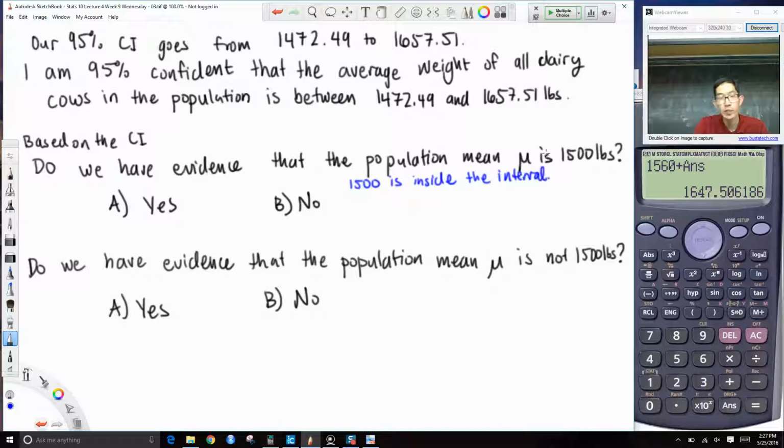But just like when we talked about confidence intervals for p, the interval never provides evidence that the mean is exactly some value.